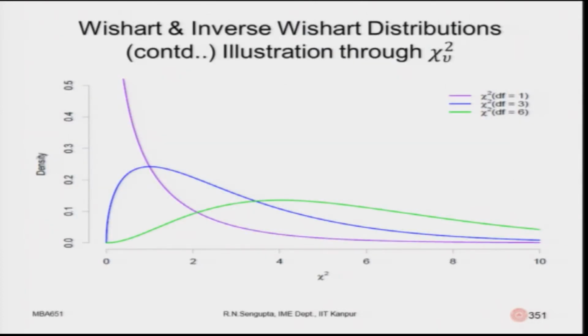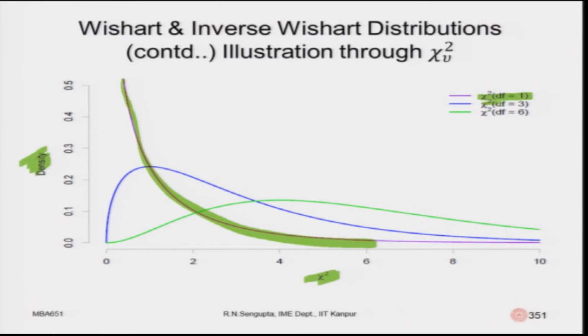So, this is where the Wishart and the inverse Wishart distributions are being considered. Here the illustration is basically through the chi-square with v degrees of freedom. So, chi-square with 1 degree of freedom is this pink one, and the x axis is the chi-square, along the y axis you have the density.